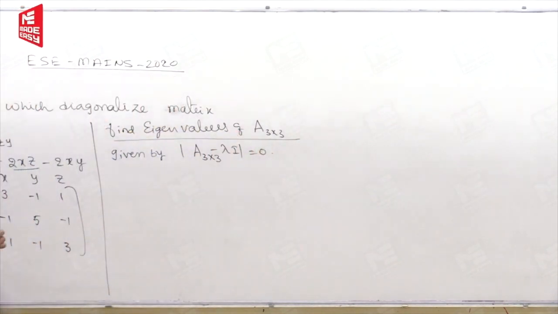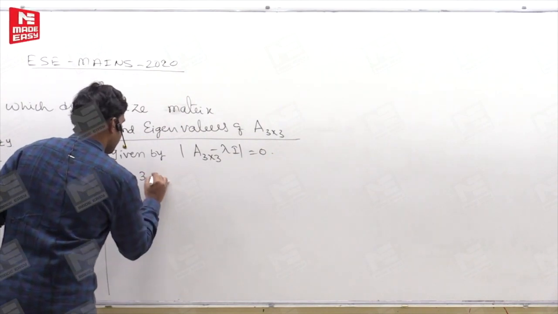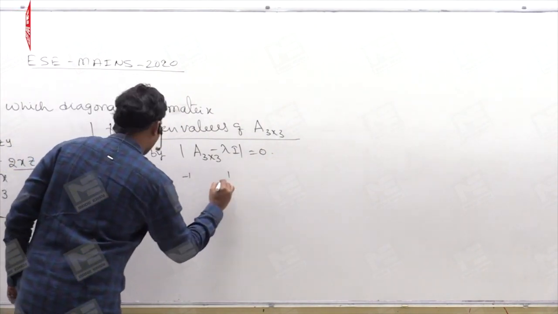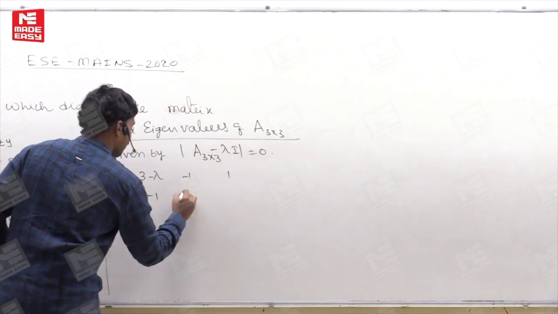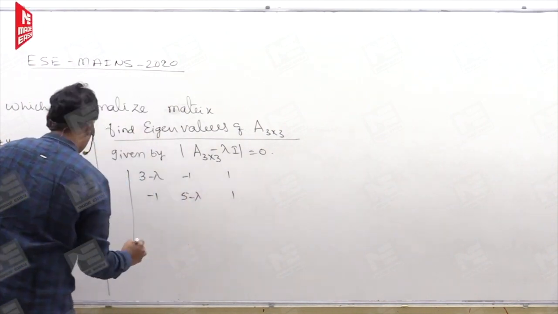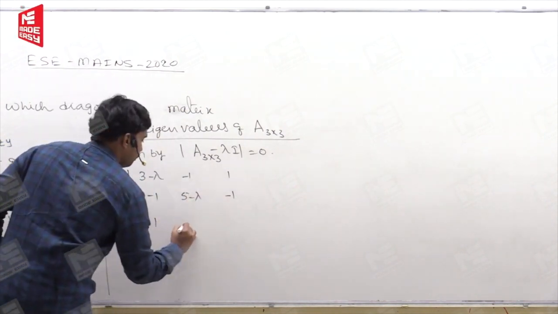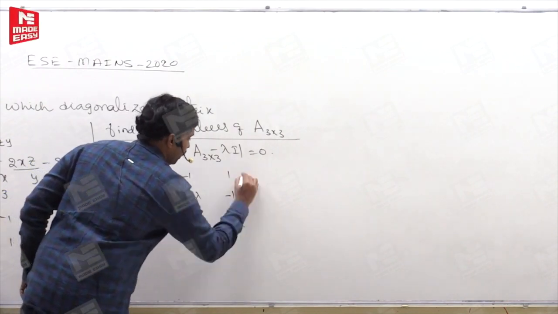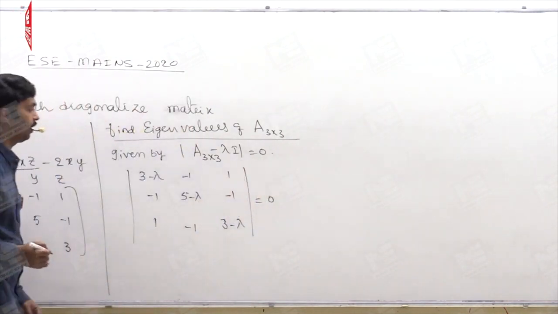So writing this as 3 minus lambda, minus 1, 1; minus 1, 5 minus lambda, minus 1; 1, minus 1, 3 minus lambda, equal to 0 here.